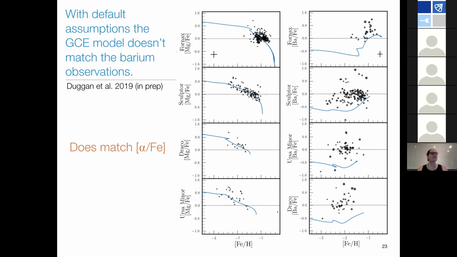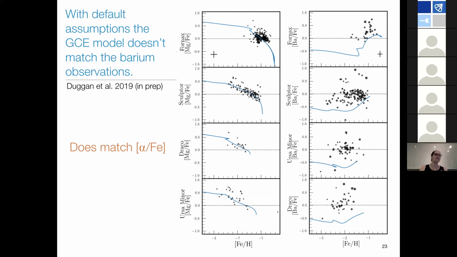However, when we first ran this model, we noticed that while the parameters that we put in matched alpha to iron, it did not match the barium to iron, which is again seen on the right. In fact, our model was underpredicting barium to iron significantly, from 0.5 to maybe even almost 1 dex.